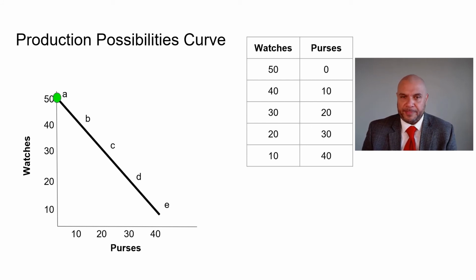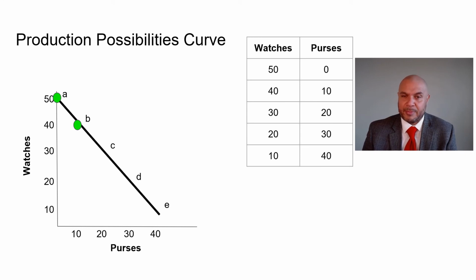The first point, when 50 watches are created, there's going to be 0 purses created because you're spending all your time and effort creating watches. Now, let's suppose that we start to produce some purses while at the same time also making watches. If I make 40 watches, that allows me to make 10 purses.